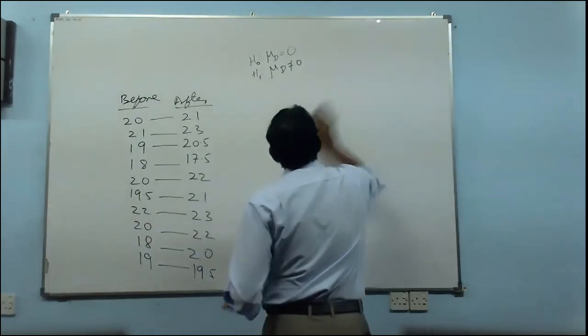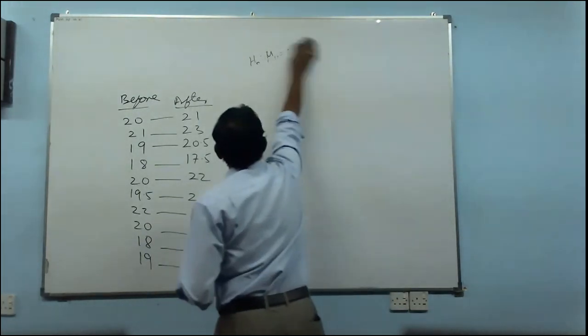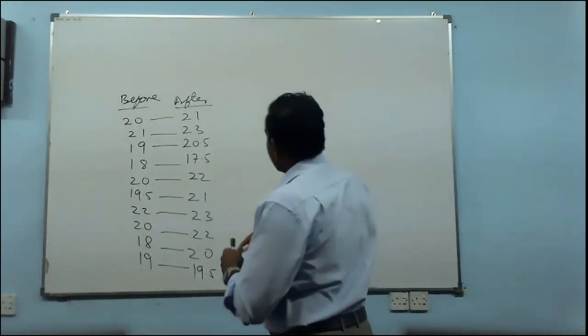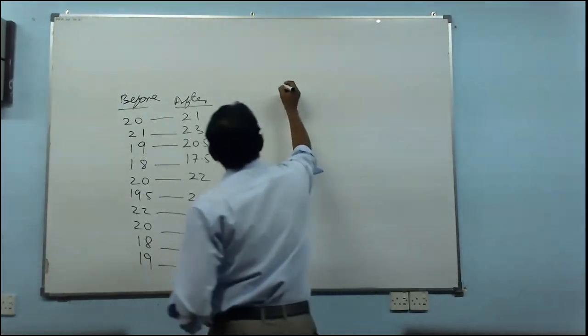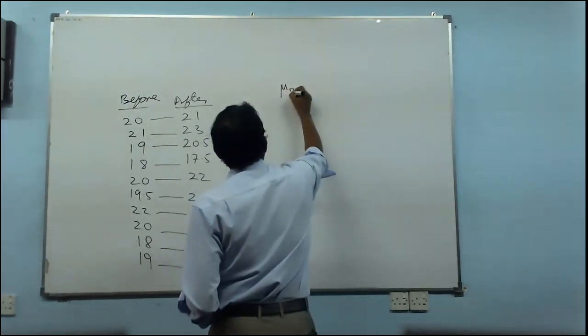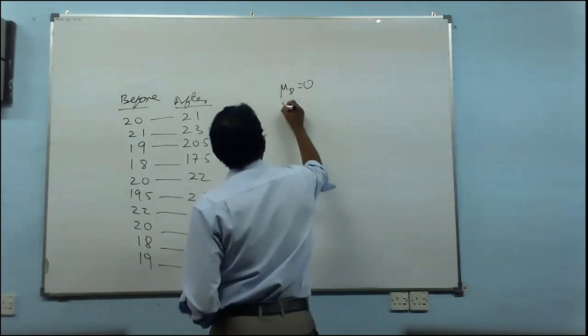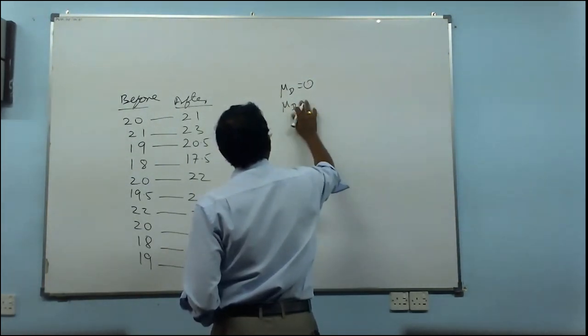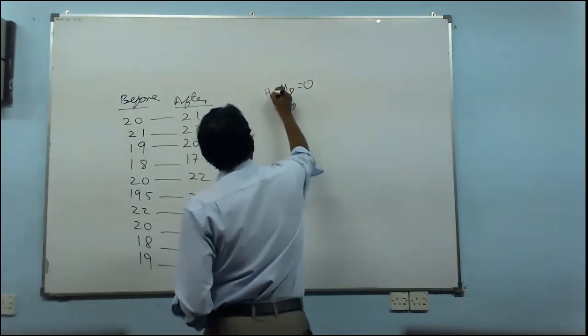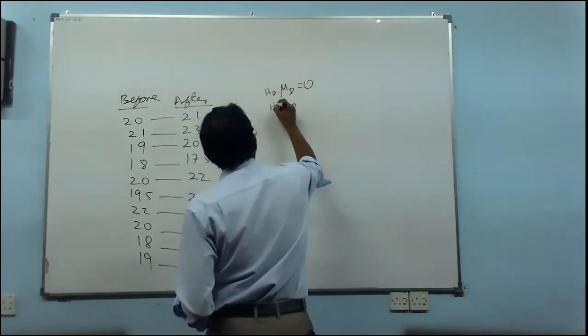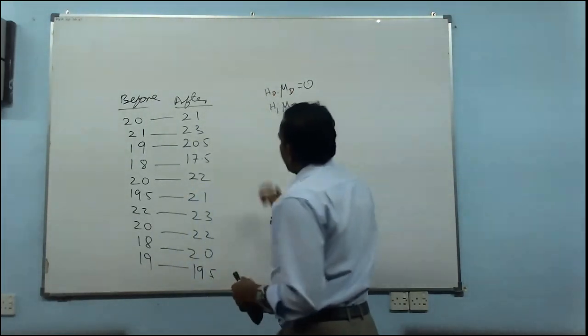Right? First thing, mu d is the mean difference. Mu d is equal to 0. The other one is mu d, which depends on which minus which one, right?